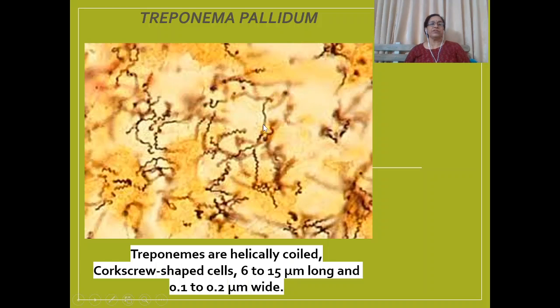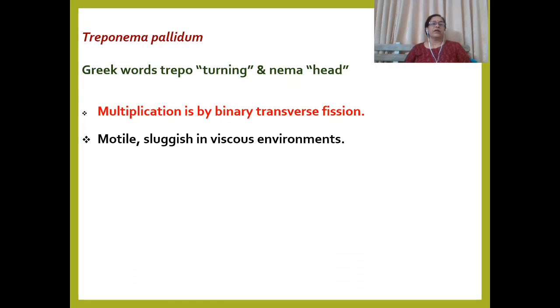In this picture, you can see these corkscrew-shaped treponemes. These are helically coiled, and as you know, they are 6 to 15 micrometer long and 0.1 to 0.2 micrometer wide. Here, the meaning of Treponema: trepo means turning and nema means thread.